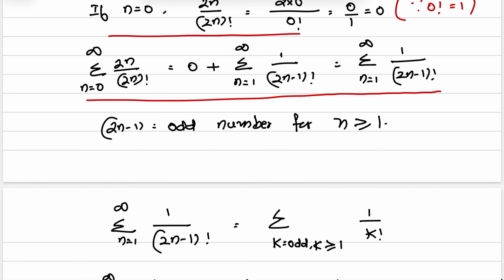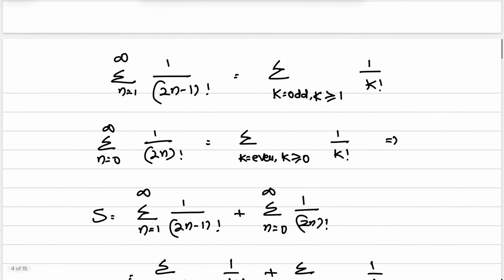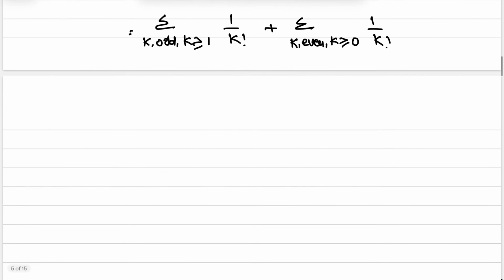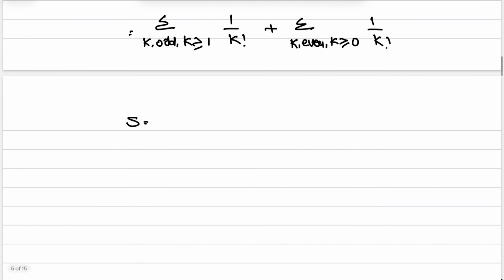Here we have proved. Hence, we can safely write S is equal to sigma k is equal to 0 to infinity, because for k is equal to 0, when n is equal to 0, we know 2n is equal to 0.